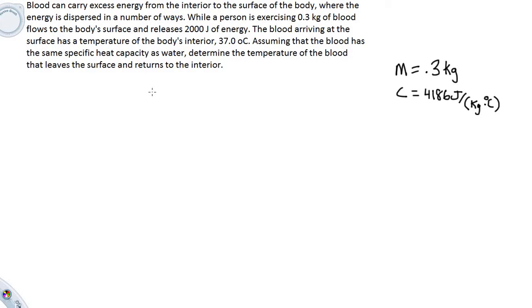Okay, so let's start off with the equation that we use. That will be Q, which is the heat either supplied or removed, is equal to C, which is the specific heat capacity, and we are given that from the book, and it says it is 4,186 joules per kg Celsius.